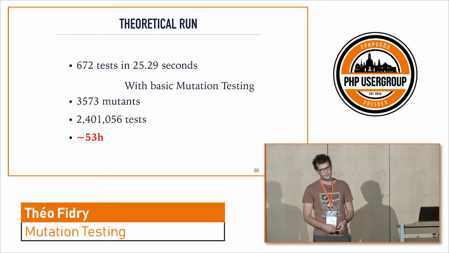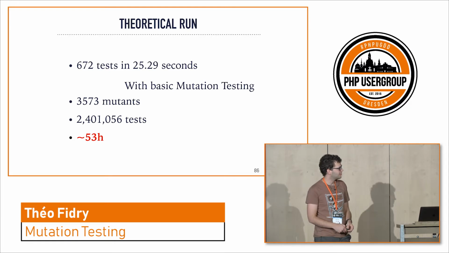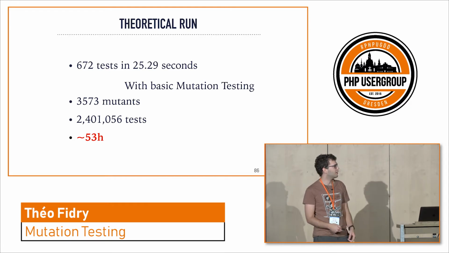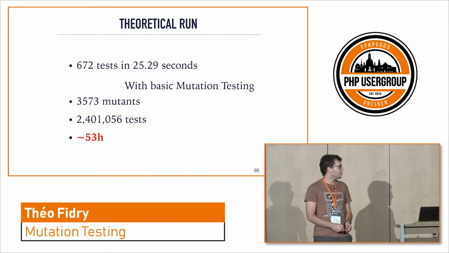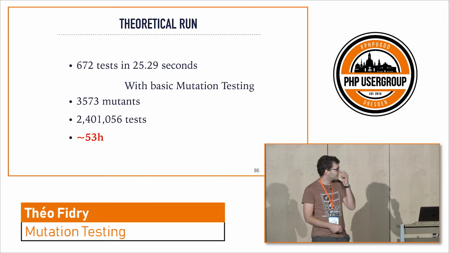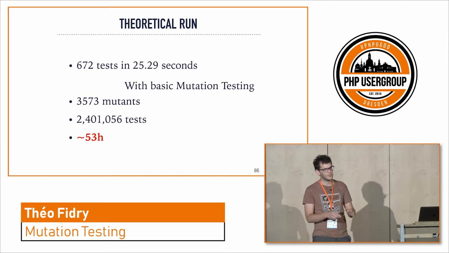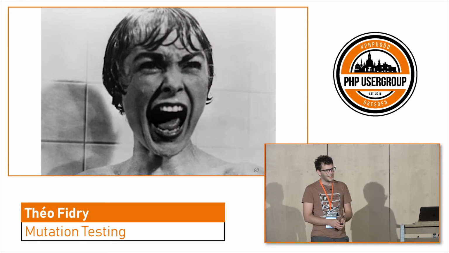So if you take Symfony dependency injection, we had almost 700 tests, which ran in almost 30 seconds with coverage, and 1,300 mutants, so that makes over 2 million tests. And in theory, if we were to scale, it would take 53 hours. You can guess, I did not wait 53 hours, and you saw the time, it was shorter.